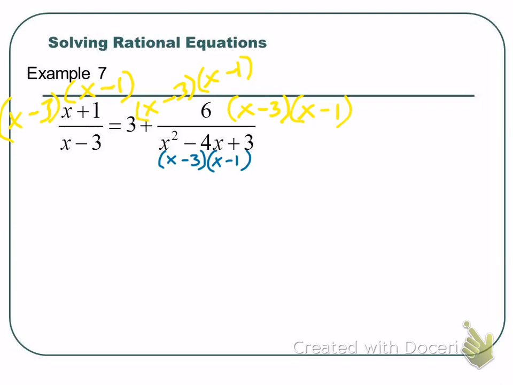So when I multiply the first term by x minus 3, x minus 1, I'm going to cancel the x minus 3's, and I'm left with x plus 1, x minus 1, which is x squared minus 1.